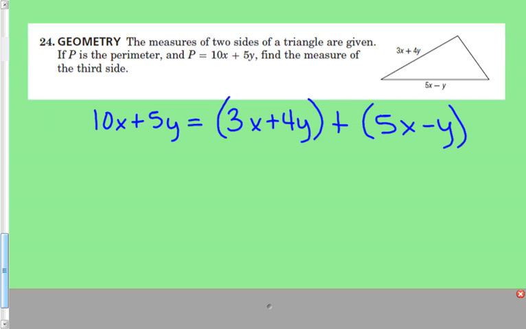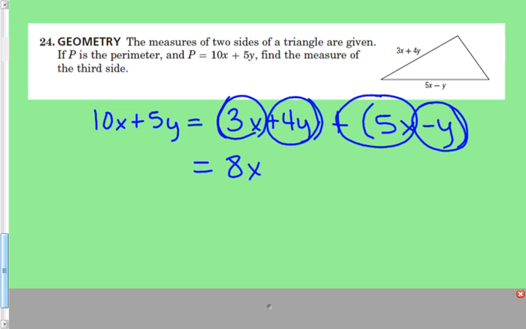First step is we're going to combine like terms on this side. Add our polynomials. So we've got a 3x and a 5x. That makes 8x. Then we've got a 4y minus y. So that's positive 3y. And this part will come on down, 10x plus 5y.